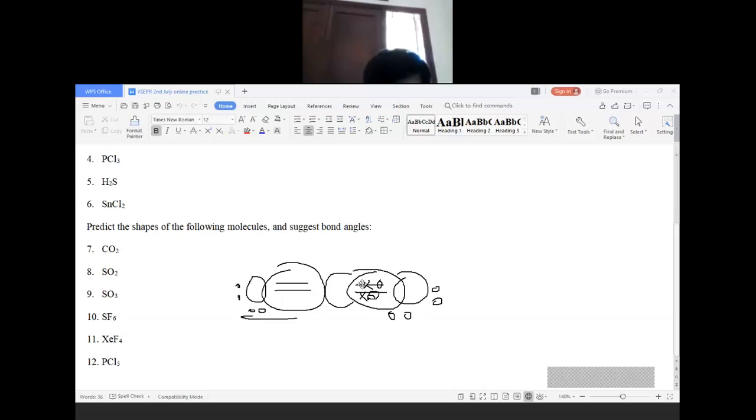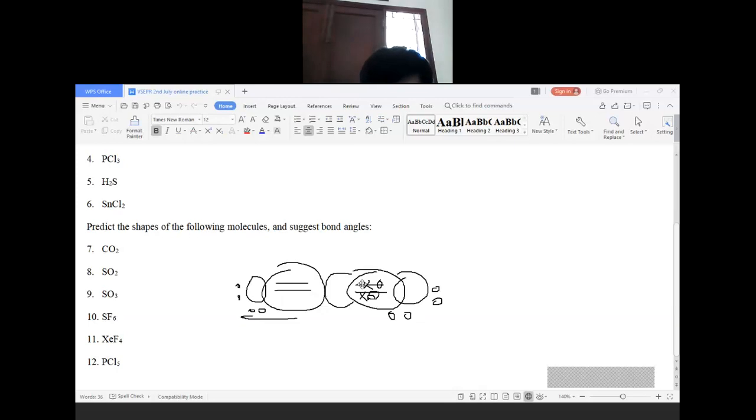So do not directly take the conclusion that 4 bond pairs equals 2 bond pairs. You have to see what the explanation in the middle is.